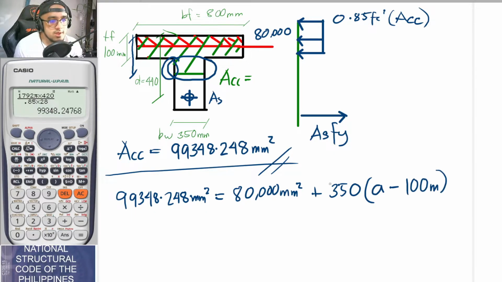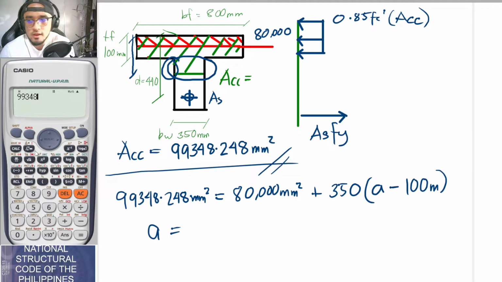From that, guys, we can now solve for A. The value for our A is equal to 99348.248 minus 80,000, divided by 350, plus 100.